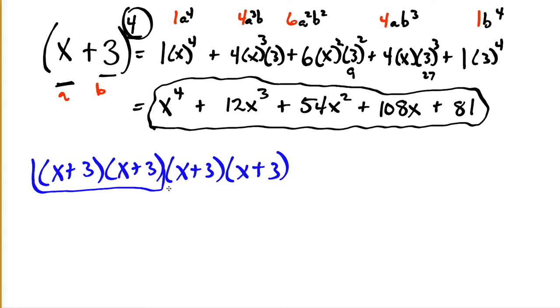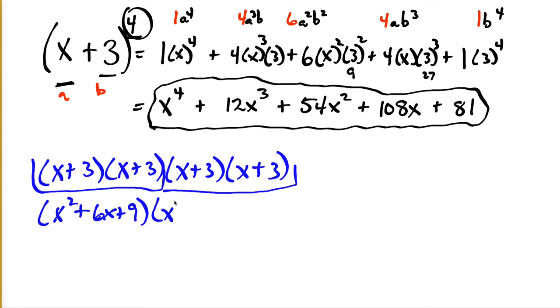So you could take the first 2 and the second 2, and then that turns into this. And then you could take three things times 3 things like we did yesterday and get 9 terms. And those 9 terms would simplify down to what I have circled right there. So you would get the exact same answer doing it either way. Downside is just the blue way is a lot slower.